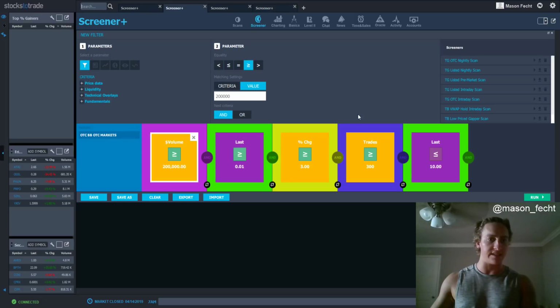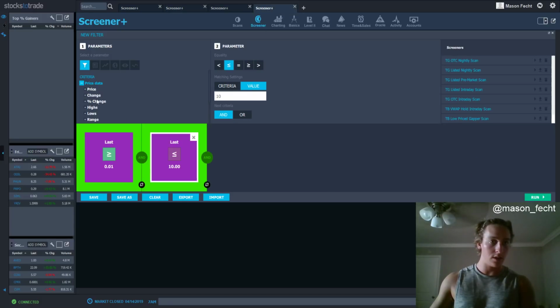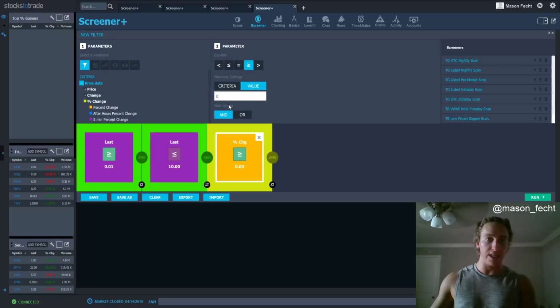But we'll move on to the next thing. So got the last. We'll move to percent change. I do greater than or equal to 3%. So OTCs generally don't get as volatile as listed stocks, so I keep the percent much lower.